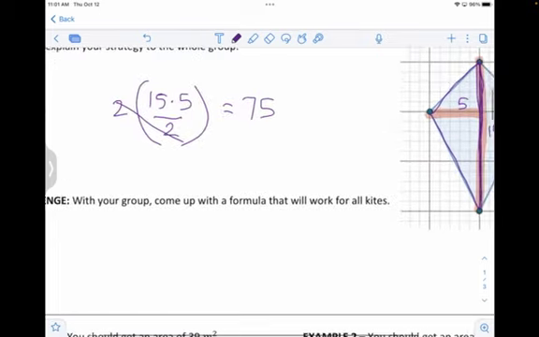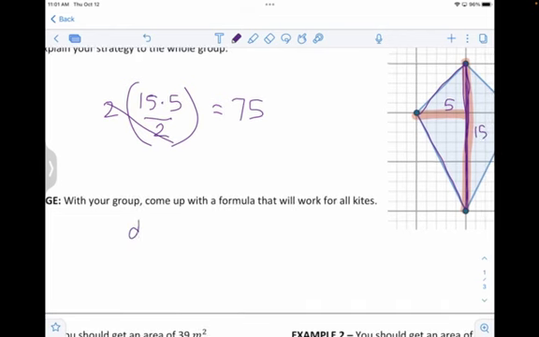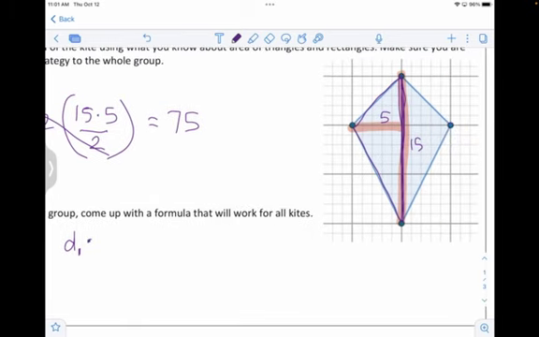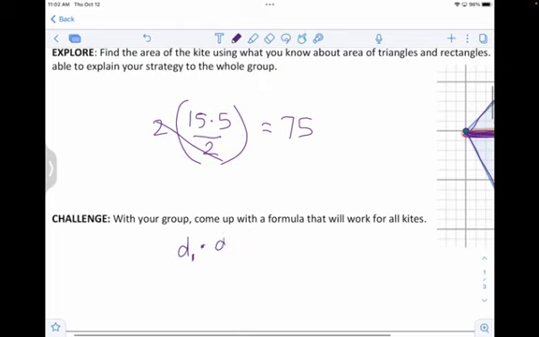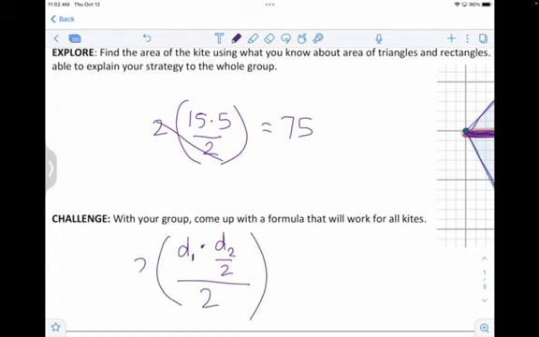So I'm taking the diagonal, that was the 15, the first diagonal, diagonal 1, times this part right here, this height. What does that represent? That's not the whole diagonal, is it? It's half of the second diagonal, so this is diagonal 2 over 2. And then we divided by 2 and multiplied by 2.